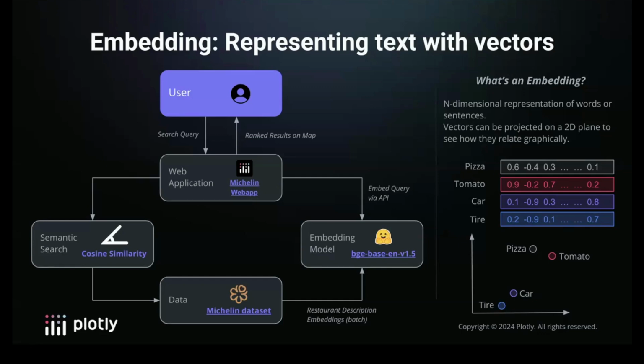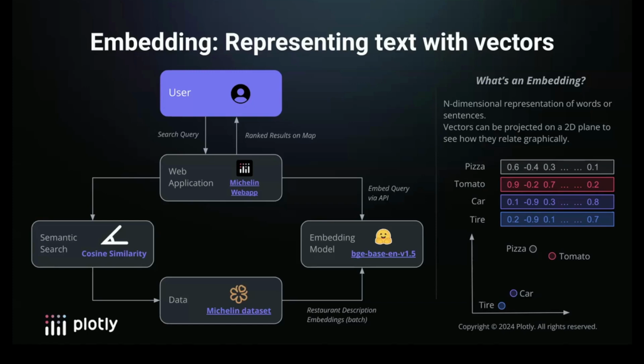So when an app user launches a query through the app, my idea was to create basically a semantic search engine, which provides restaurants with descriptions that match the user query. To do that, I first had to generate embeddings for all the restaurants and make them part of the dataset of the app.